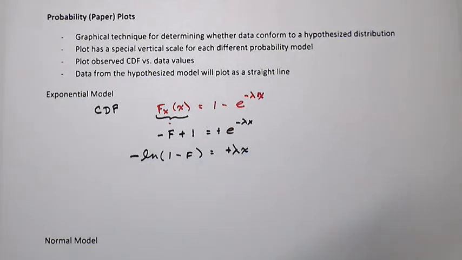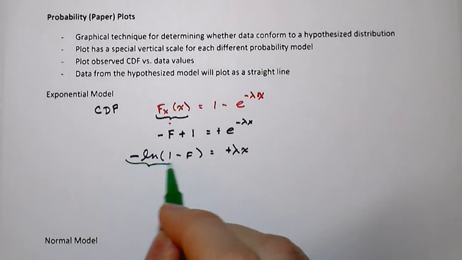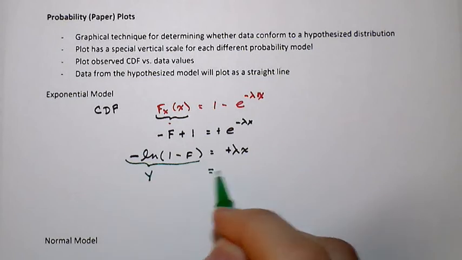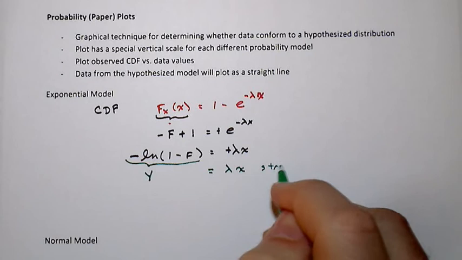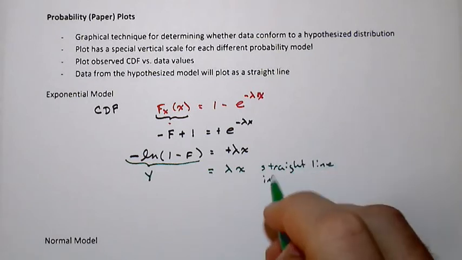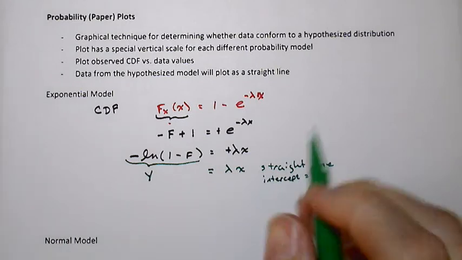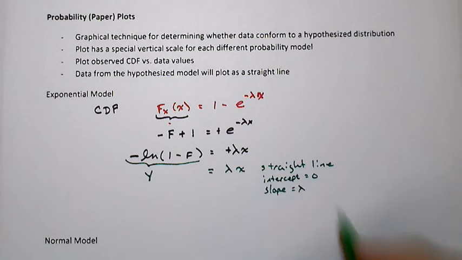And if we call this whole left-hand side y, then what we have is the equation of a straight line that has an intercept equal to 0 in this particular case, and of course its slope is equal to lambda.